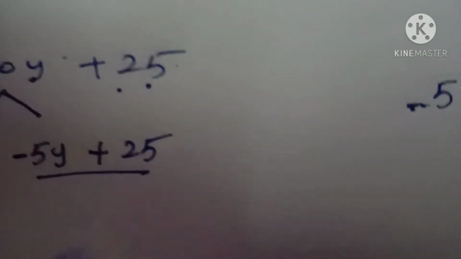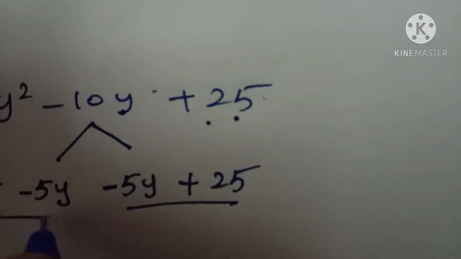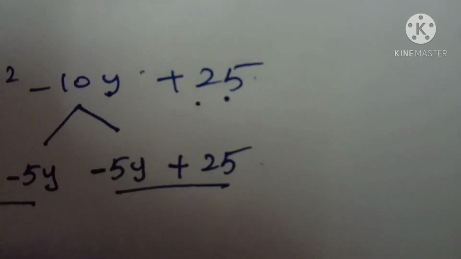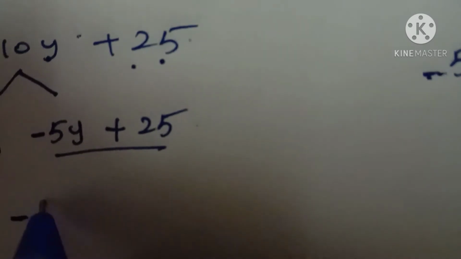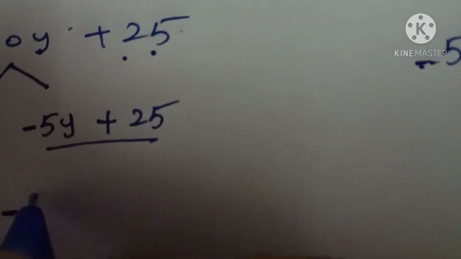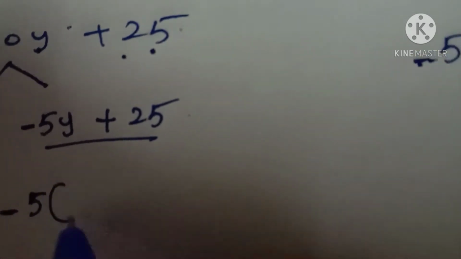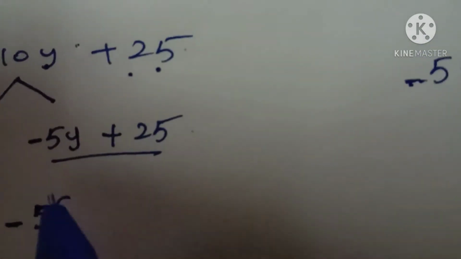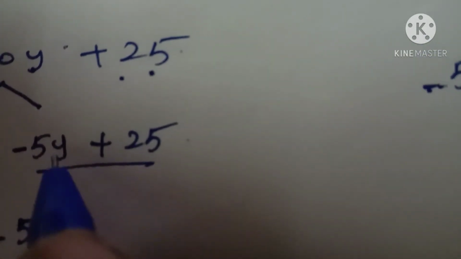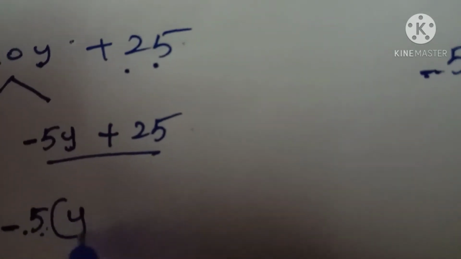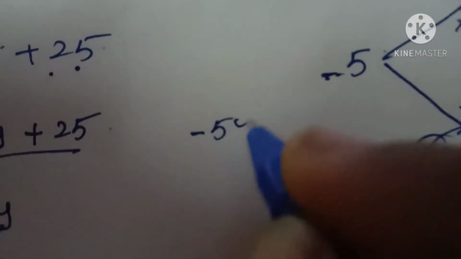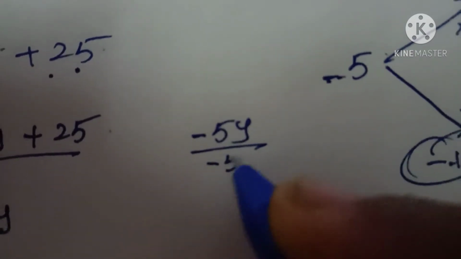So then group the terms. If you take y as common, y minus 5, and then minus 5 if you take it outside, minus as common, then minus 5y divided by minus 5 is equal to y. If you have any confusion, divide and see it.